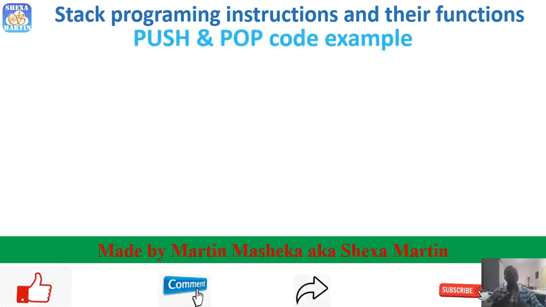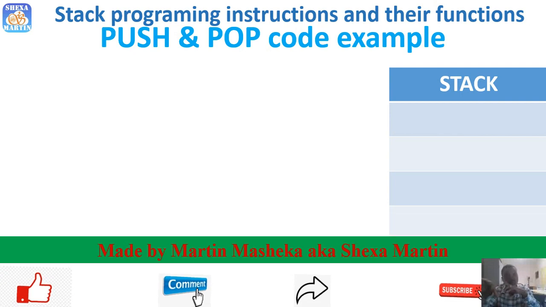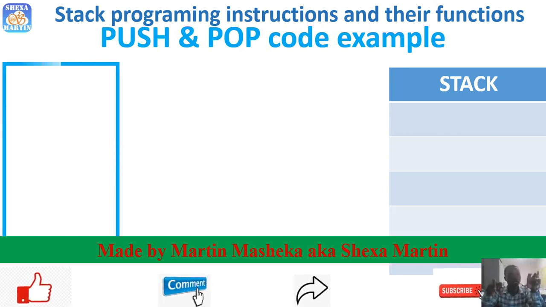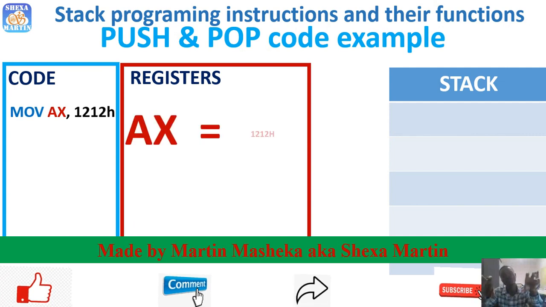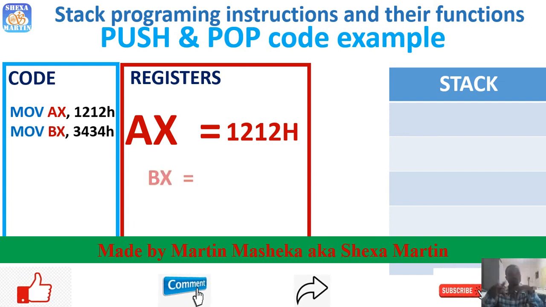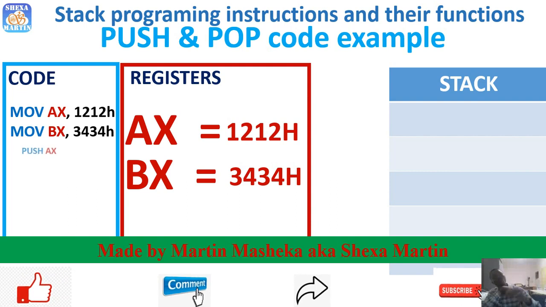Here we go. So we have our stack. From stack we have our code. From code we have our registers, and here are the instructions. Move that, it goes that way, and then move BX, get that into our register, and then we now push.